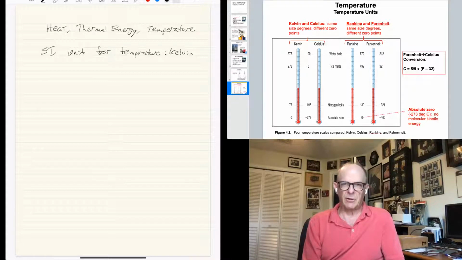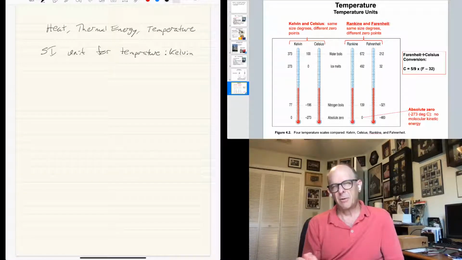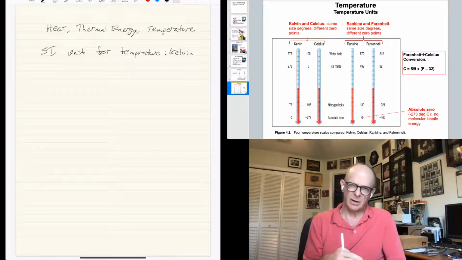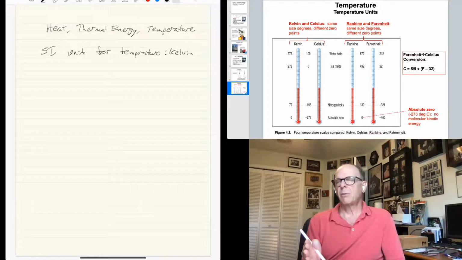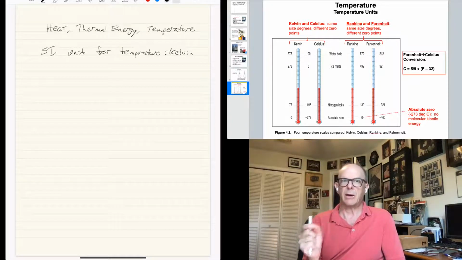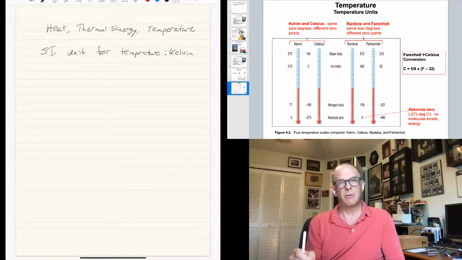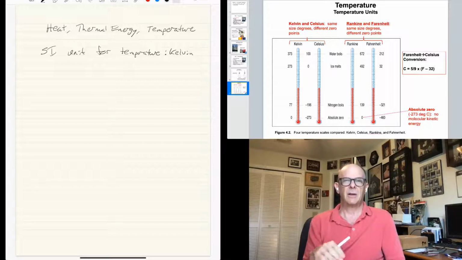This is the basic unit of temperature because remember, if temperature is a measure of the kinetic energy of atoms or molecules in a substance, higher means more kinetic energy, lower means less kinetic energy. Well, then what happens if the atoms or molecules are not moving at all? They have zero kinetic energy, so their temperature should be zero. And Kelvin, the Kelvin temperature scale, is the scale in which zero means the atoms and molecules are not moving at all.